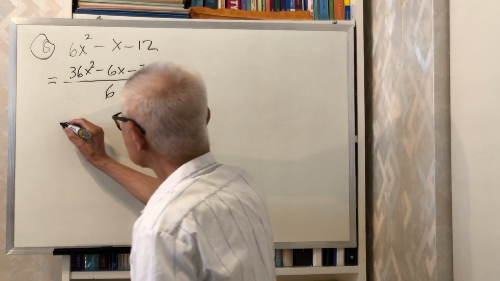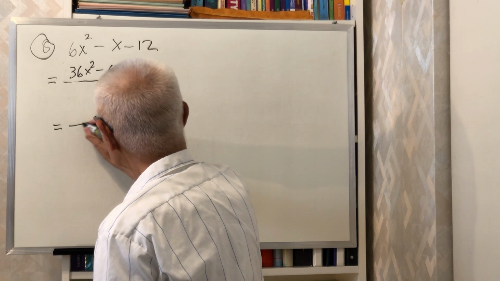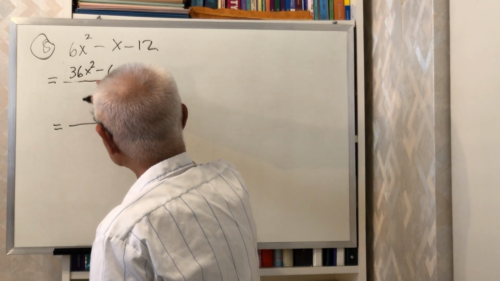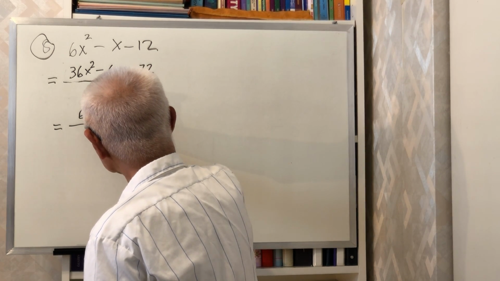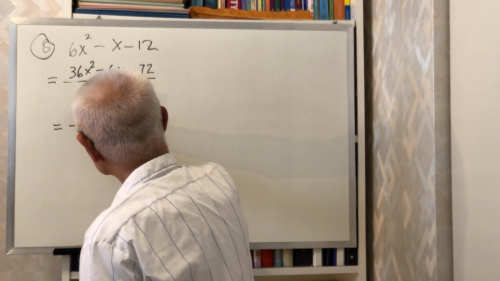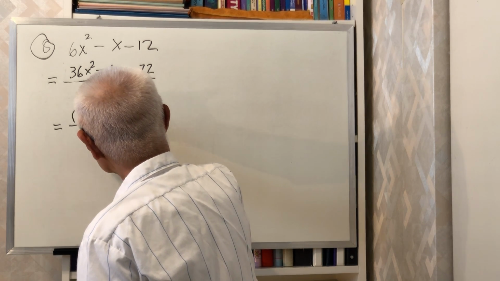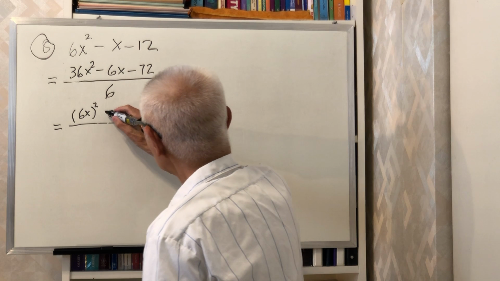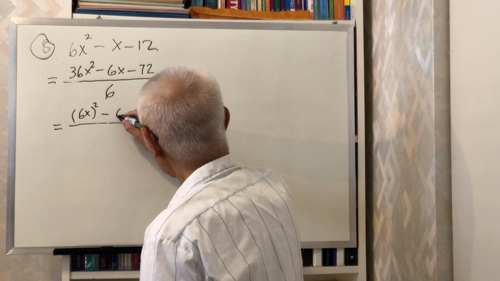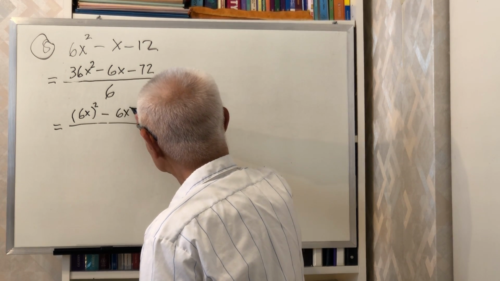Because this is 6x, the whole thing squared. 6x, the whole thing squared. Minus, I have 6x here now.